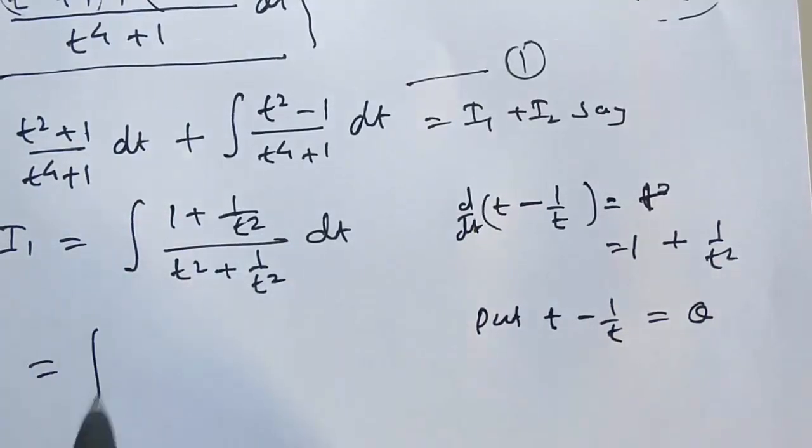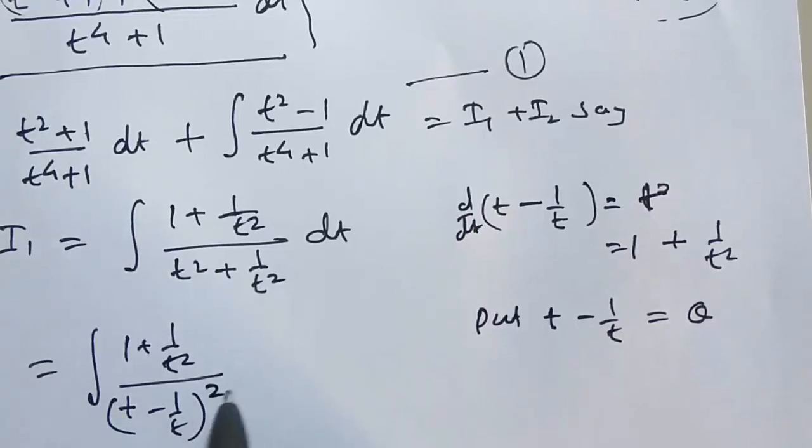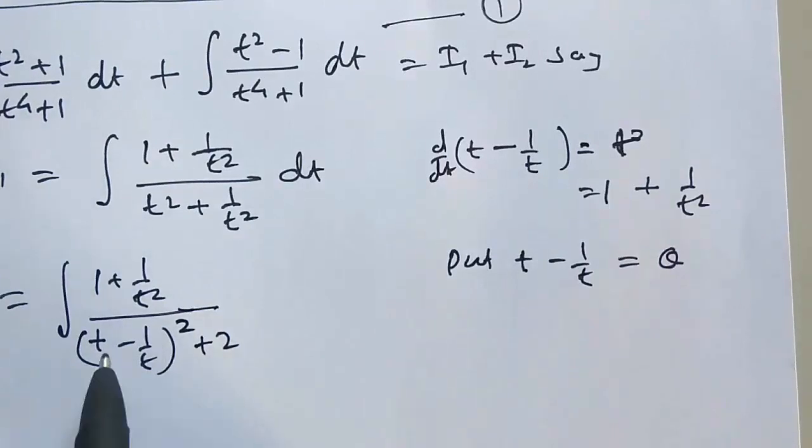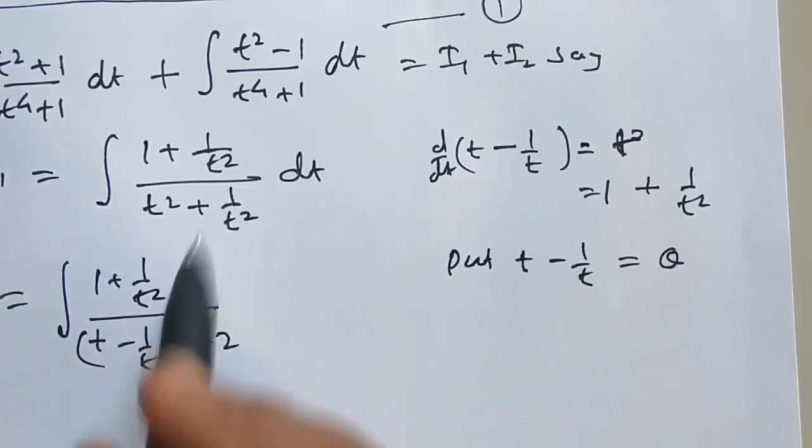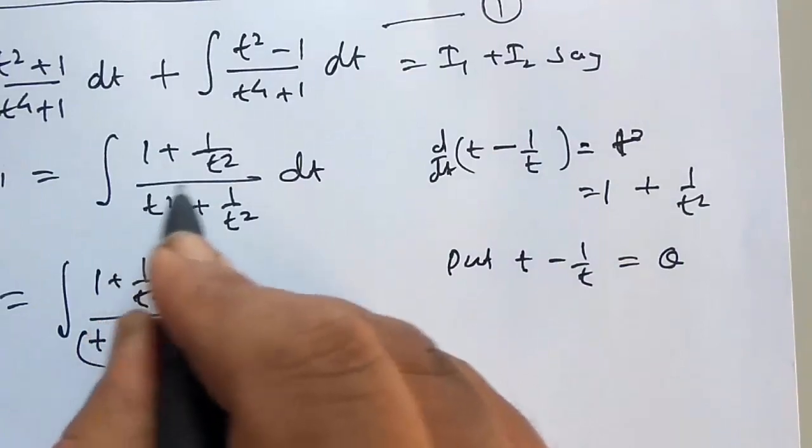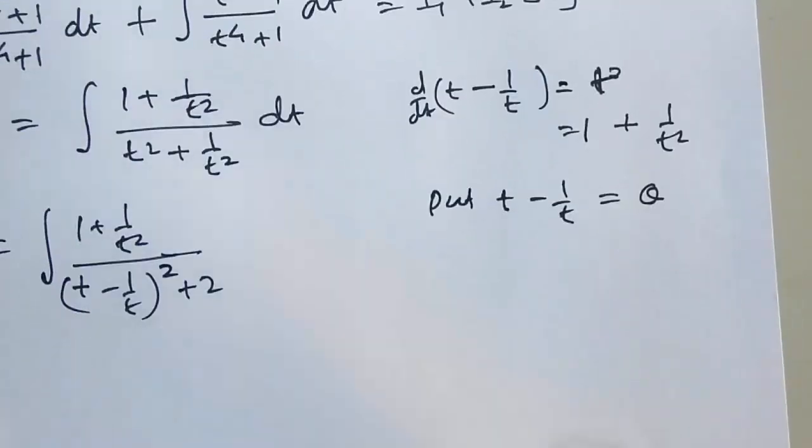It is equal to integration of 1 plus 1 upon t square upon t minus 1 upon t whole square plus 2, because t square plus 1 upon t square minus 2 times t into 1 upon t, it becomes minus 2, plus 2. So we get t square plus 1 upon t square.